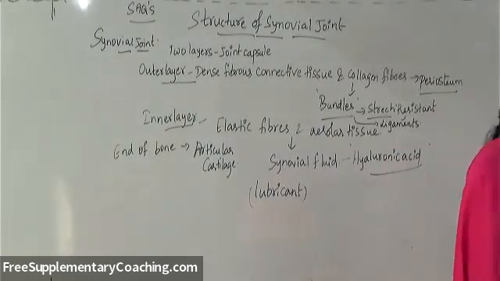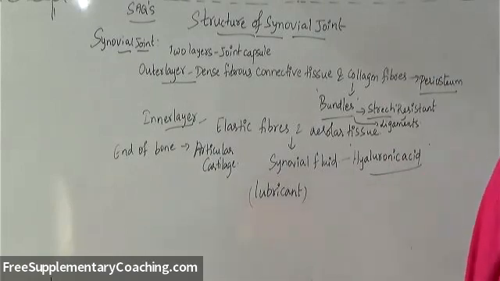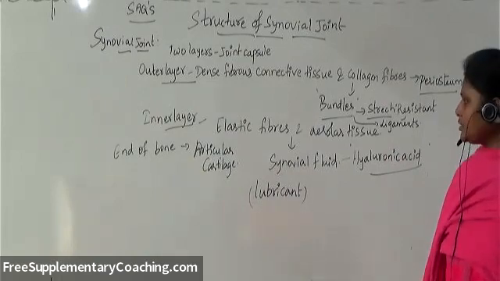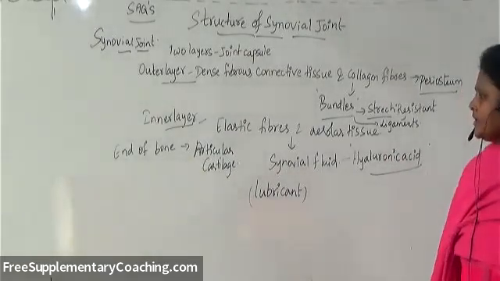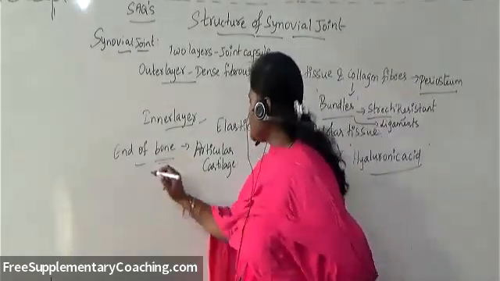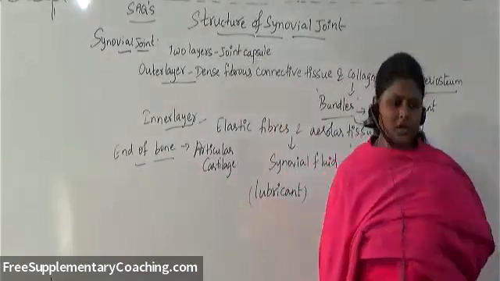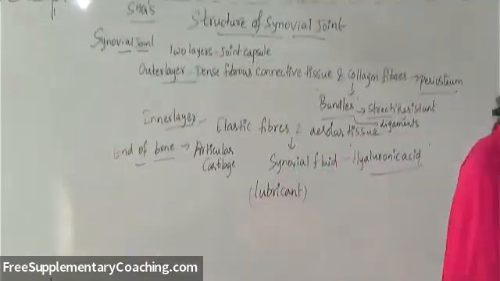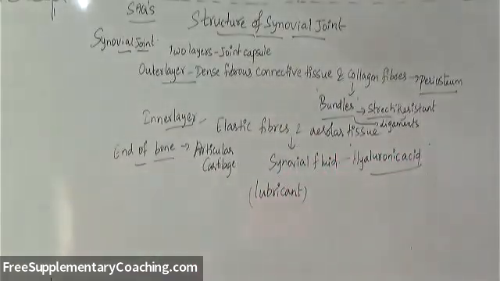This fluid acts as a lubricant, which helps in protecting the two bones from getting adhered to each other. And the end of each bone is lined by a cartilage called articular cartilage.